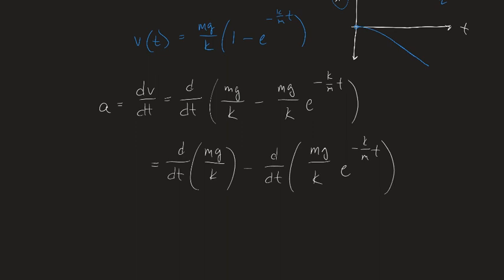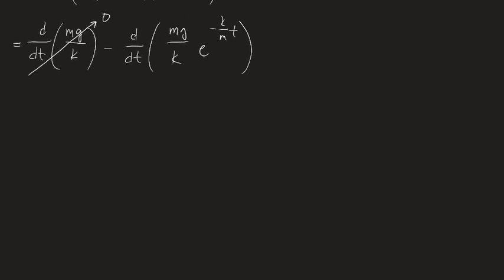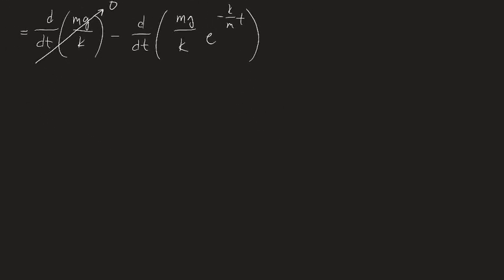Now this looks way more complicated than it is, but it has complications. And these complications are tough. The first one, though, is just 0. There's no t in it. So it does not change with respect to time. So that whole term is 0. Let's focus on the next part, though. mg over k is a constant.